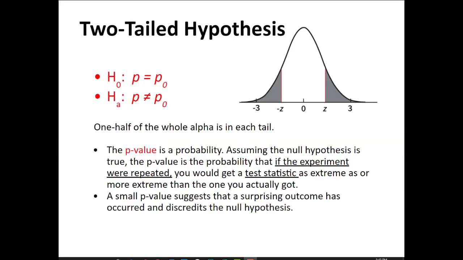Let's look at the two-tailed hypothesis. Here I have my set of hypotheses. I have the null, which is saying that the expected proportion is whatever that population parameter proportion is, some proportion.